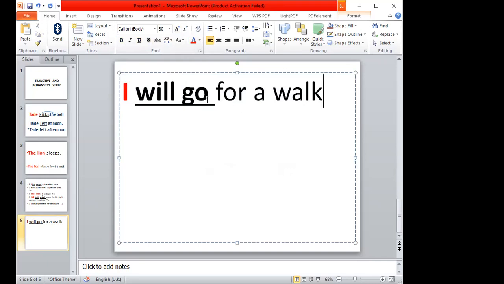And because in between my verb here and what would have been my object, there is something there, this preposition, it has made this verb here an intransitive verb.